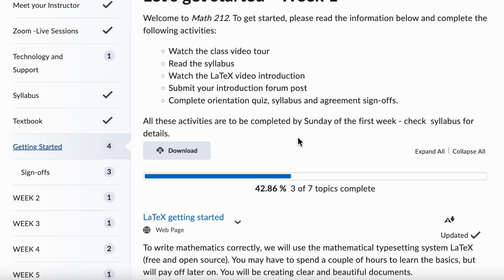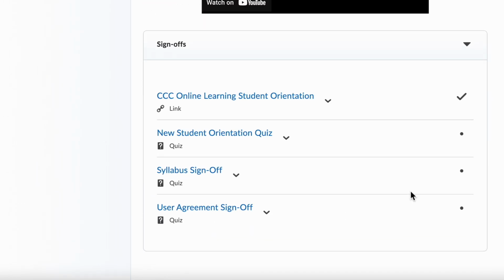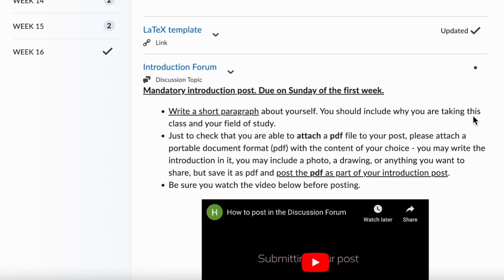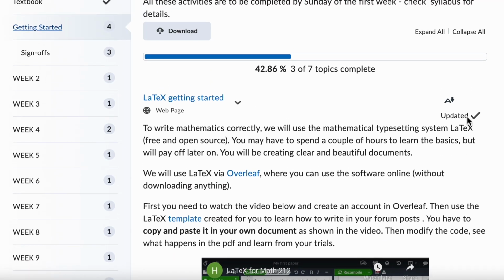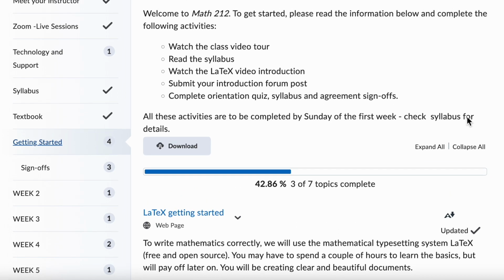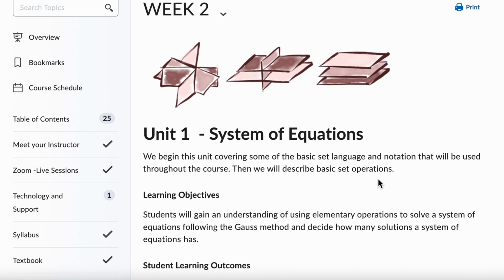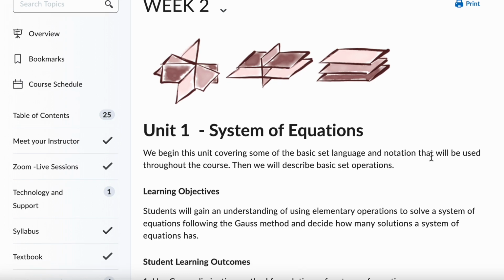And the next thing that you need to do is complete the orientation quiz, syllabus, and agreement. So this is all what you have in the remaining of the page. So you should do all that the first week of classes before Sunday, and so you are ready to start on Monday the first lesson, the first unit, which is System of Equations.